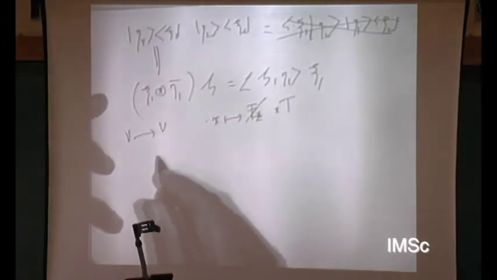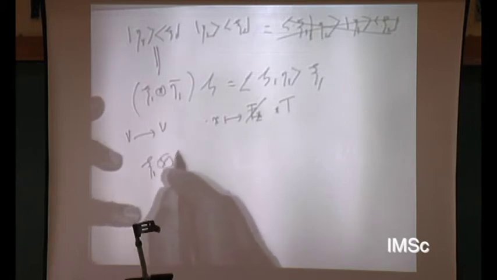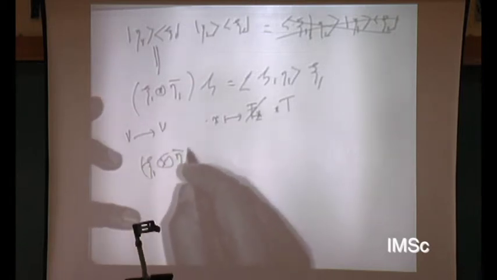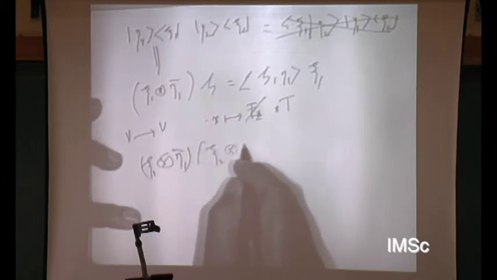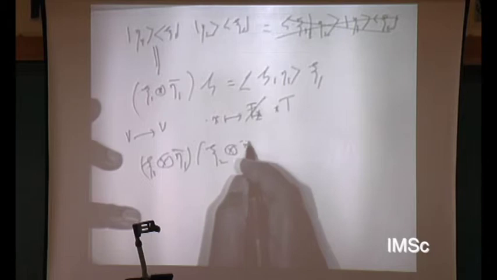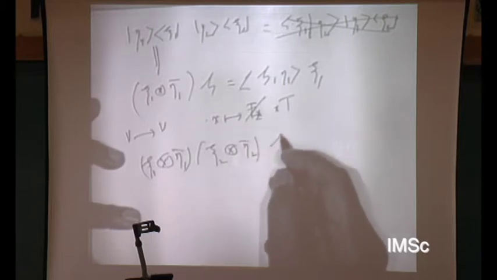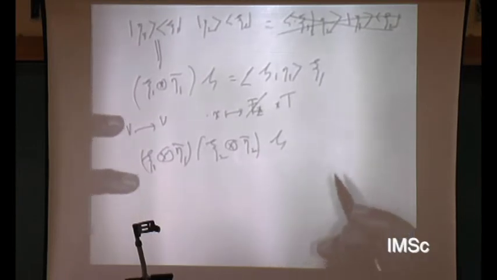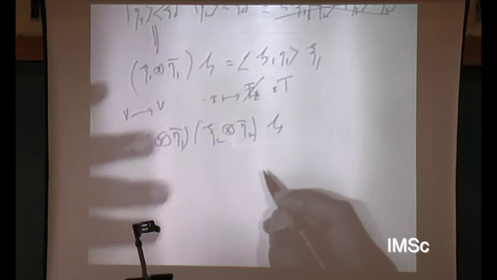So if you now do C1 tensor eta 1 bar times C2 tensor eta 2 bar, and you operate this on a vector zeta. What will you do?